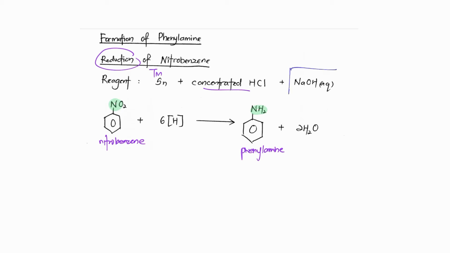The next reagent is NaOH aqueous. After reduction of nitrobenzene to phenylamine, phenylamine could actually react with concentrated HCl to give us a salt as the product.